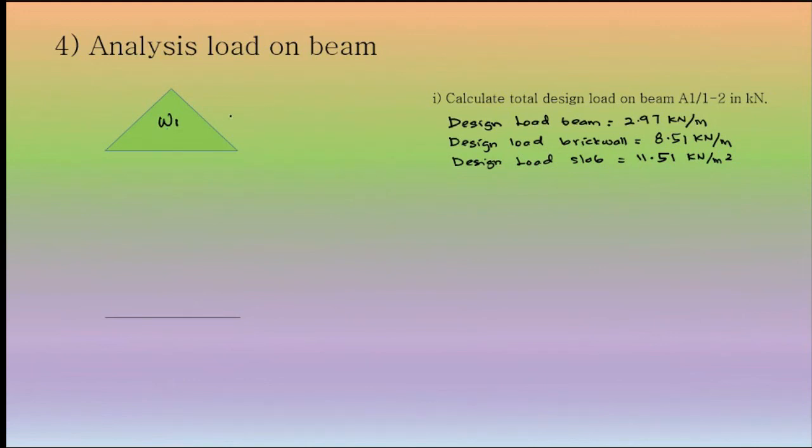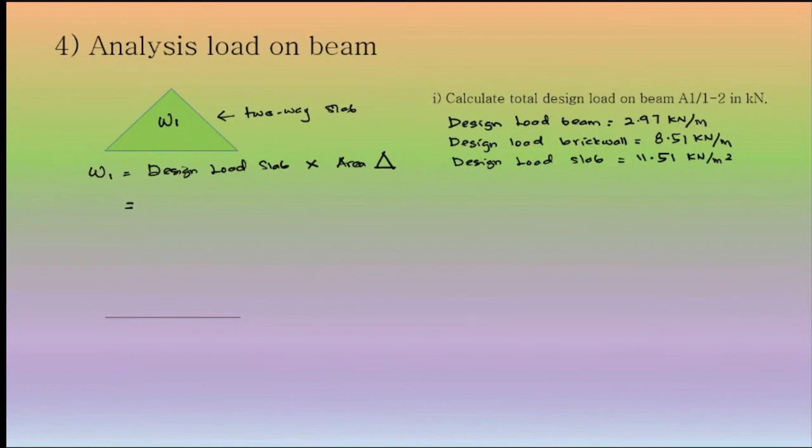So W1 actually is two-way slab. Okay, two-way slab. So W1 is equal to design load slab times width area of triangle. Okay, design load slab times width area of this triangle. Okay.